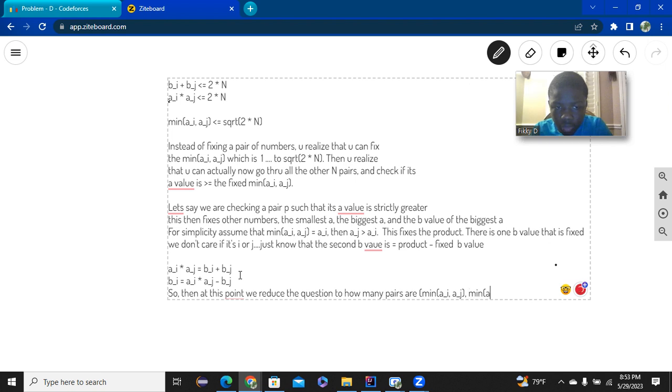Well, this was the assumption. We just say, how many pairs are a sub i, and we can find b sub i. We're assuming that a sub i is the min. It really does not matter. You can assume without loss of generality that a sub i is your minimum. That would just keep things simpler.